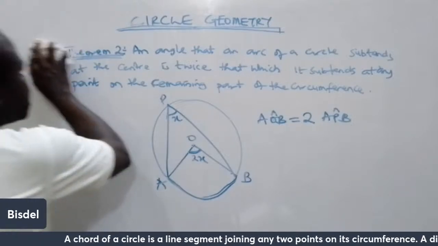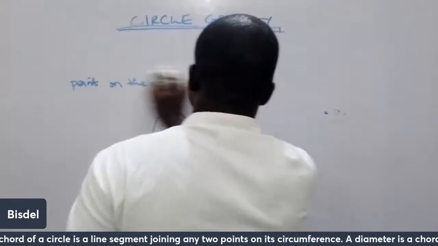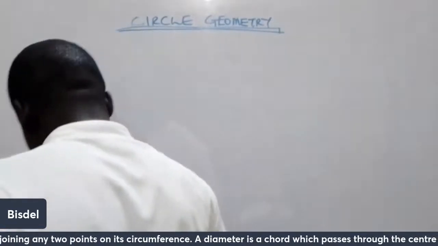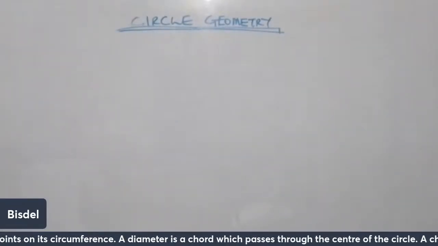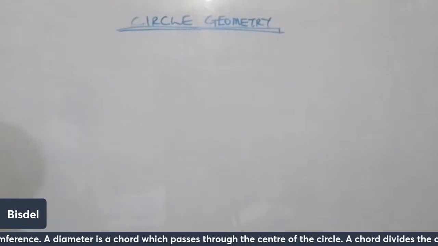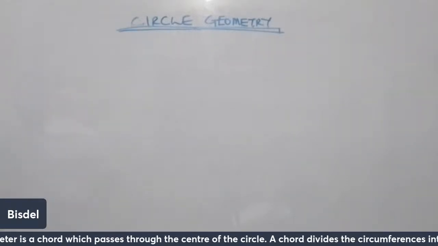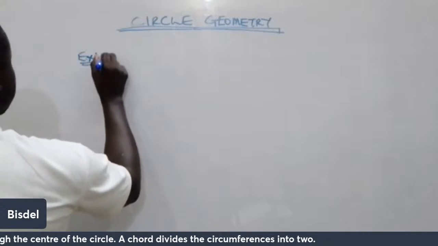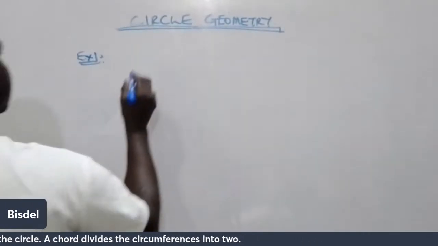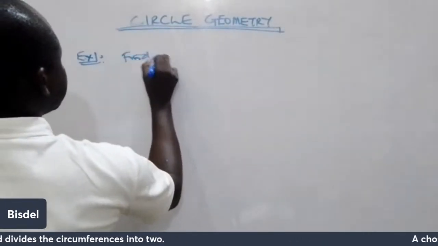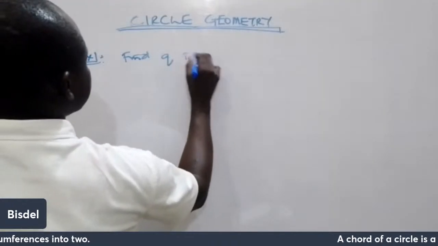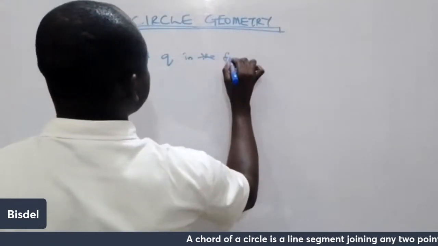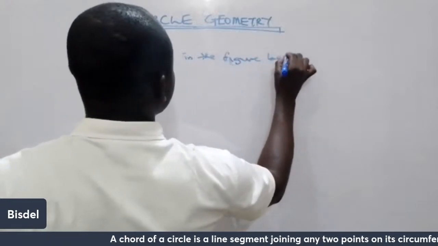So let's take 2 or 3 examples under this theorem. So you have to look at that. They must be subtended by the same arc before you can generalize that the angle at the center is twice the one at the circumference. So let's say example 1. Find Q in the figure below.